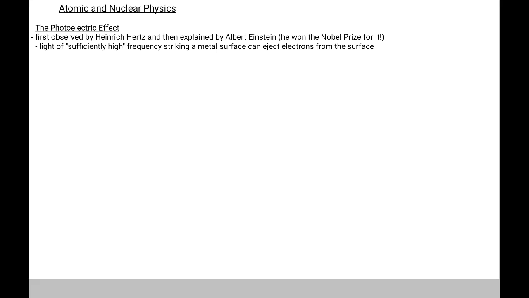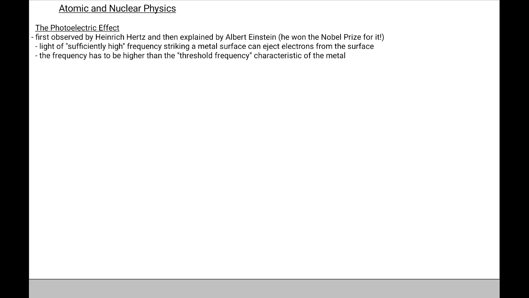So the photoelectric effect says that light of sufficiently high frequency striking a metal surface can eject electrons from the surface. So one thing to note here is that it's not the intensity of the light striking the metal that ejects the electrons, it's the sufficiently high frequency. So what is sufficiently high? What does that mean?